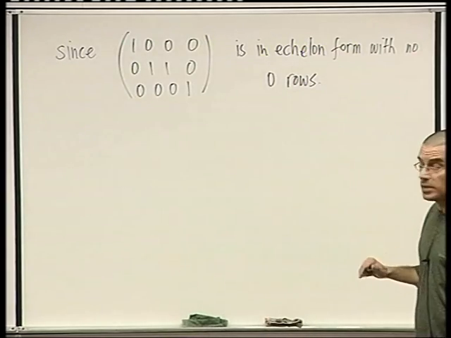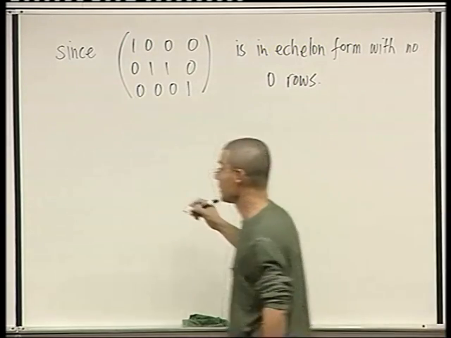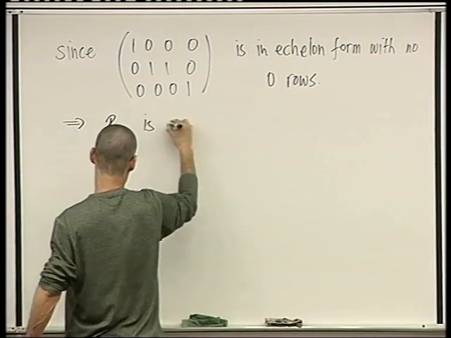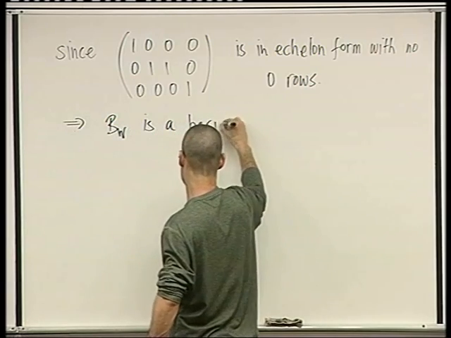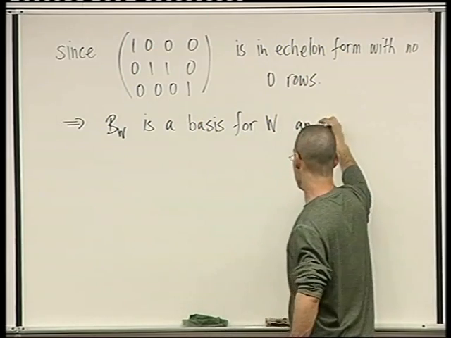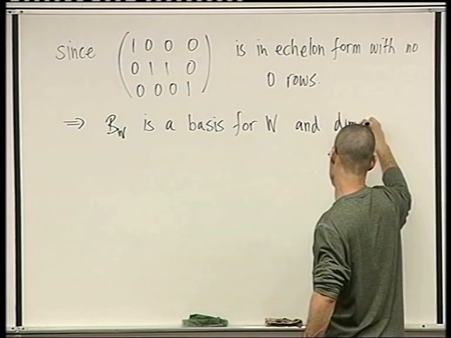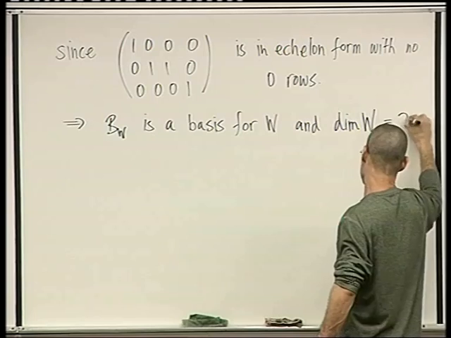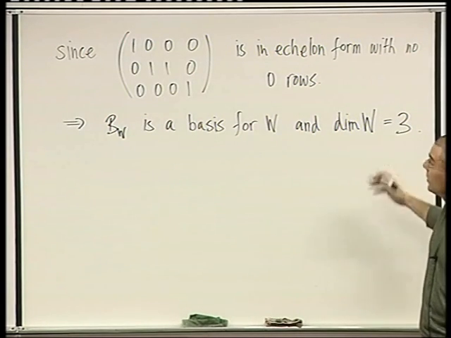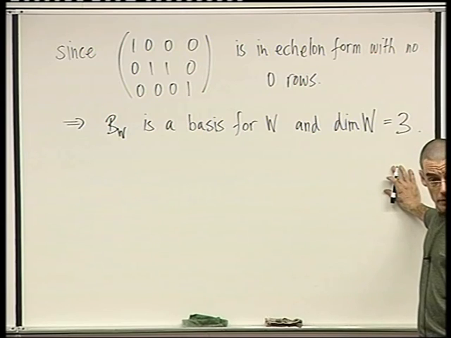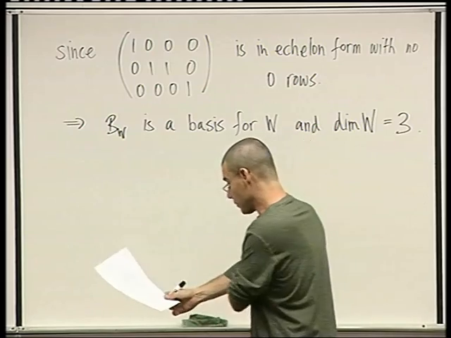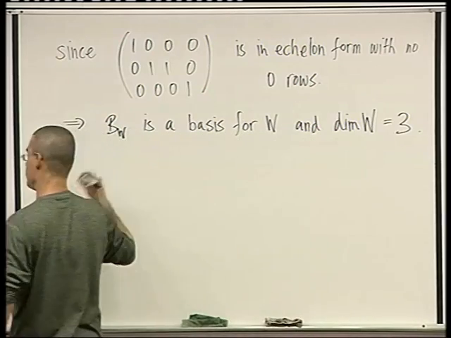So BW is indeed a basis for W. And what is the dimension of W? Right. Good? Because the basis has 3 elements. Good? Everybody? Okay. So now let's talk about U plus W.